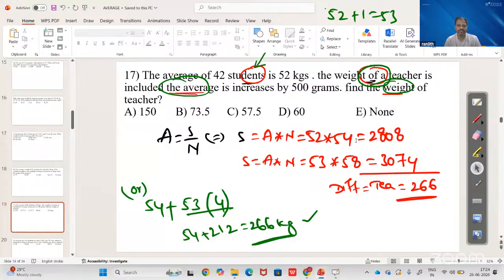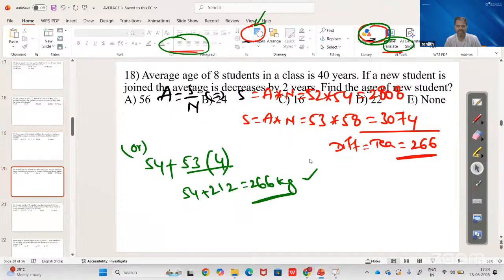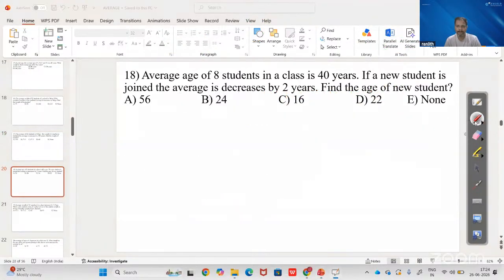Next one. Next, what is the answer for this one? The average age of 8 students in a class is 40 years. If a new student joined, the average is decreased by 2 years. Find the age of the new student.